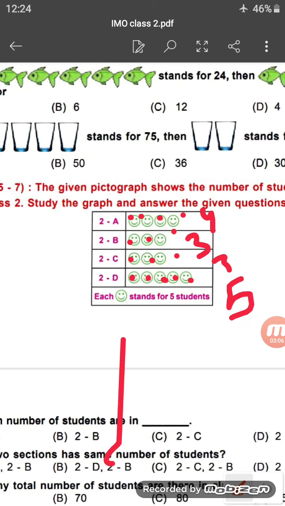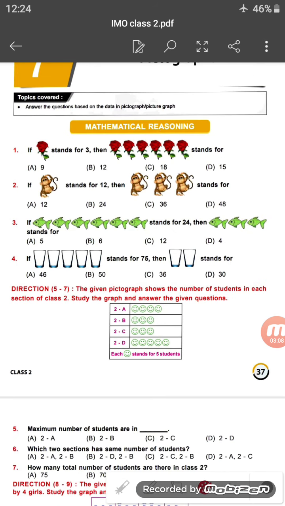Now the question is, maximum number of students are in class 2D, right?